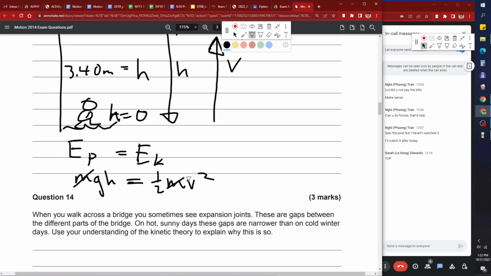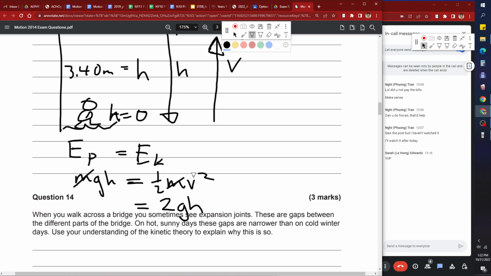Now we want to find the velocity at the bottom where there's all kinetic. So now we only have one half v squared equals g and h. I'm going to rearrange this formula so it's only v. Instead of multiplying by half on this side, it would divide by half on this side, but divide by half is just 2 times these two, g and h.